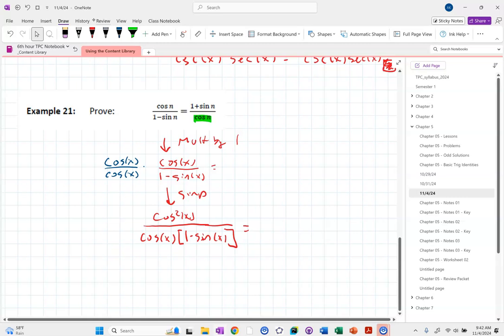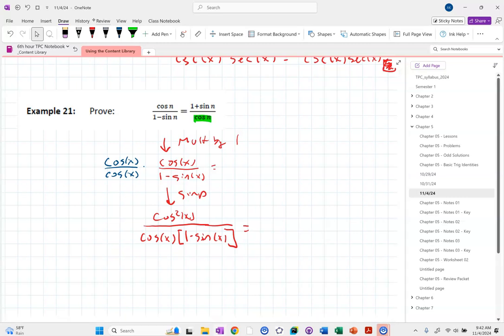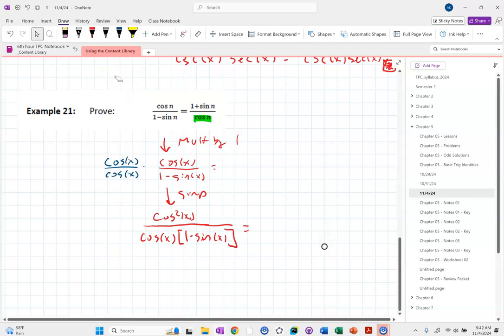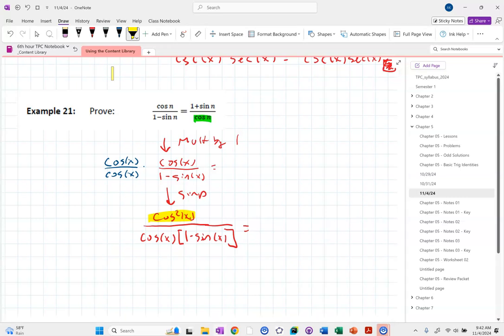All right. So if I look now, what is the only thing that I would consider? It's really just the cosine squared that I would consider messing with, right? Because I know that 1 minus sine is going to have to get canceled out, so I don't want to mess with that. The cosine in the denominator is supposed to be there.